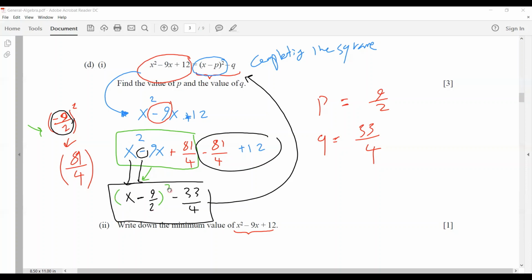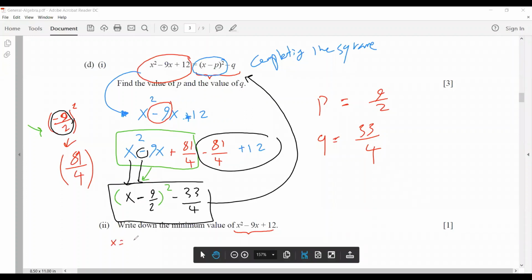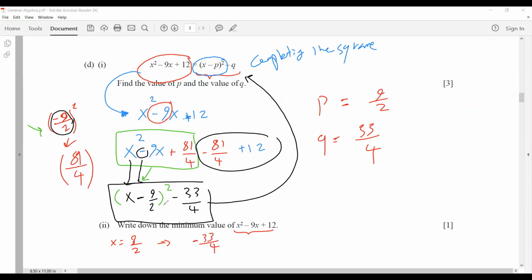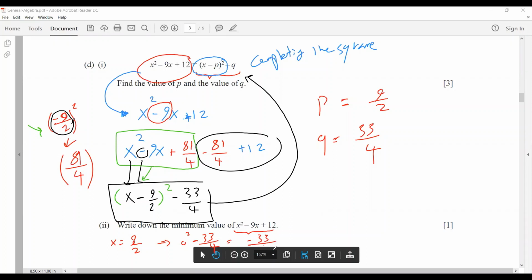So when this guy is 0, the lowest value is obtained when x, they didn't ask, however, when x is 9/2, the minimum value is negative 33/4, because this expression basically becomes 0 raised to the power of 2 minus 33/4, which eventually gives you negative 33/4.